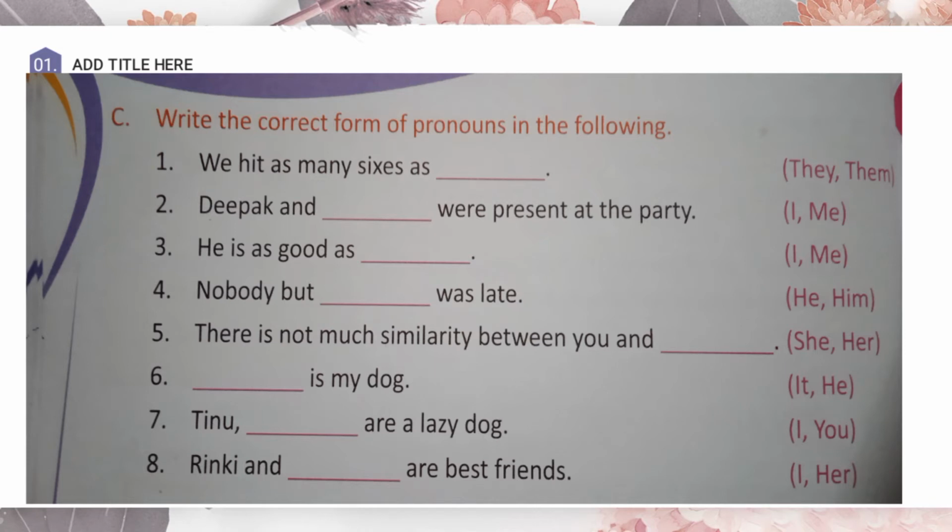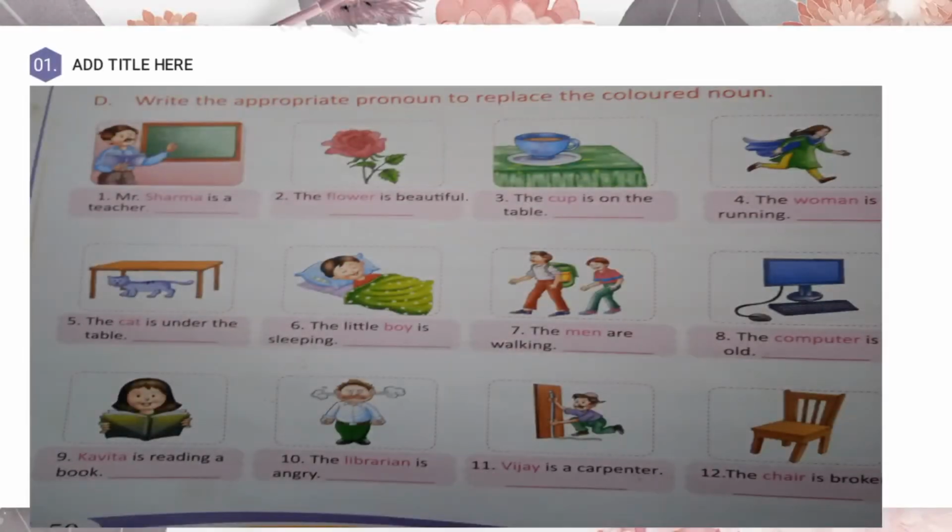And in next exercise D, that's also your homework. Write the appropriate pronoun to replace the colored noun. Here in the sentences you can see one noun word is given in pink color. What you have to do, you have to use pronoun in place of these noun words.